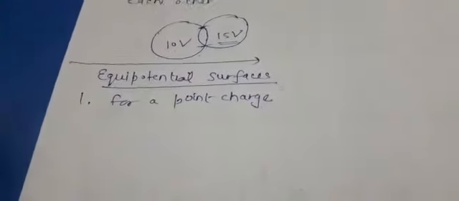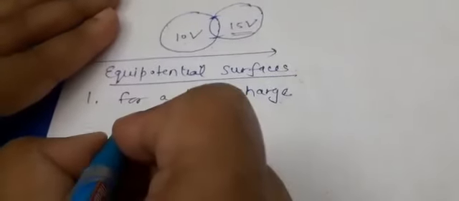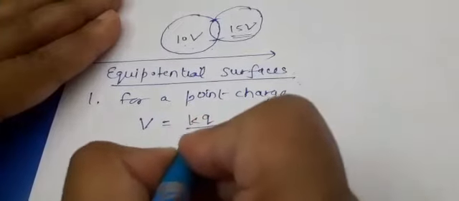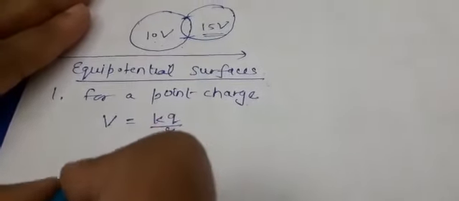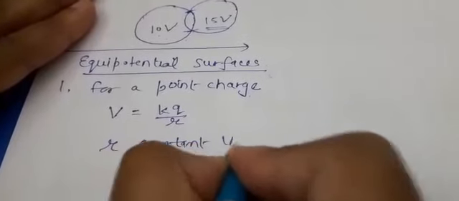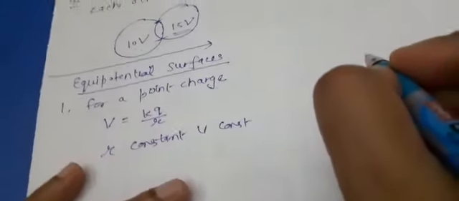That point charge can be positive or negative. First of all, as we know, potential is equal to kq upon r. When r is fixed, constant, potential will also be constant. So we have taken a positive charge; you can similarly take a negative charge also.